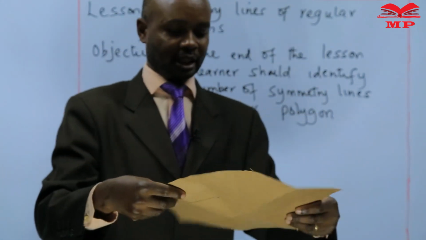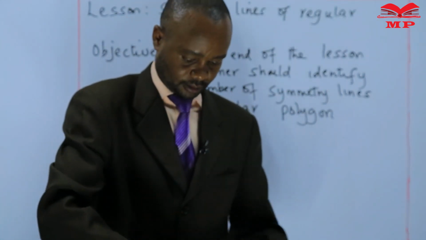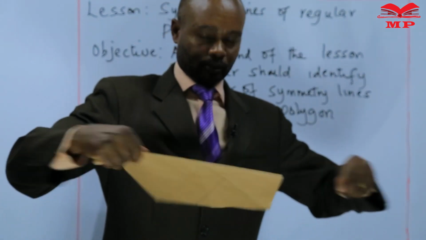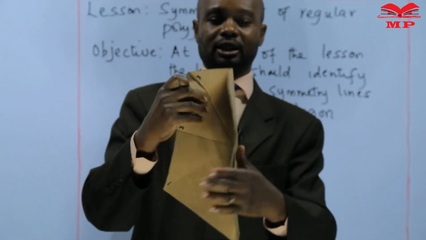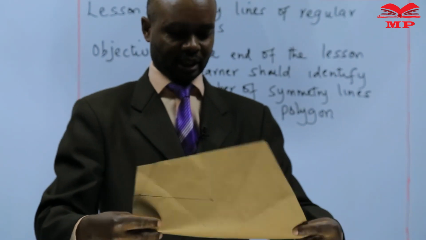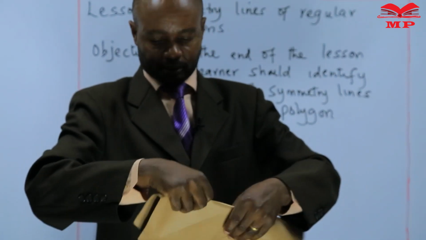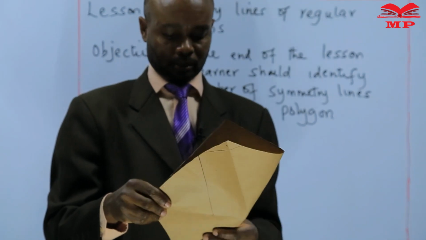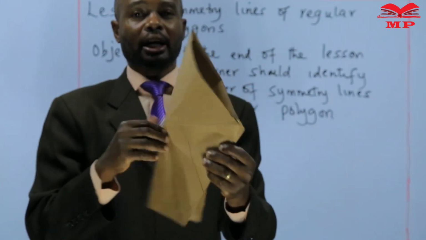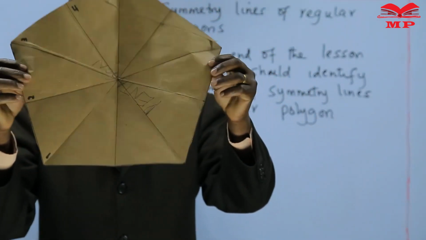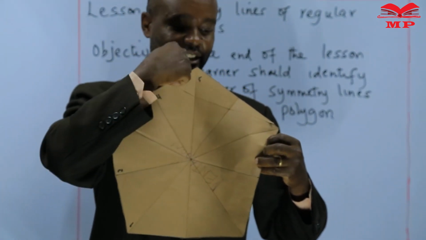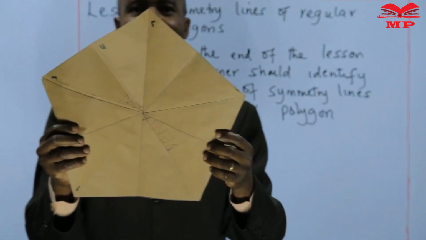Yes. I move to the fourth line. You watch carefully. Do I get 2 proportionate halves? Yes. And then I move to the fifth line. Do I get 2 proportionate halves? Yes. I cannot continue with the 6th line because it has already been covered by line 1.